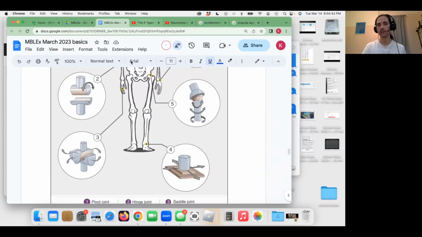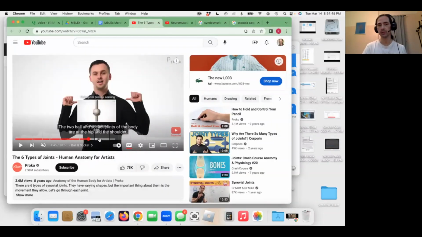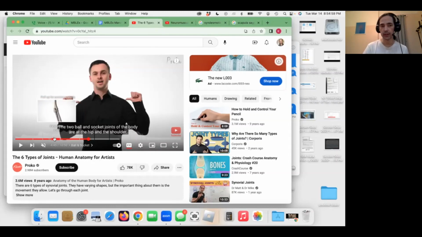One thing I like about this video is that they show, for example, that the hinge joint prevents certain kinds of movements.